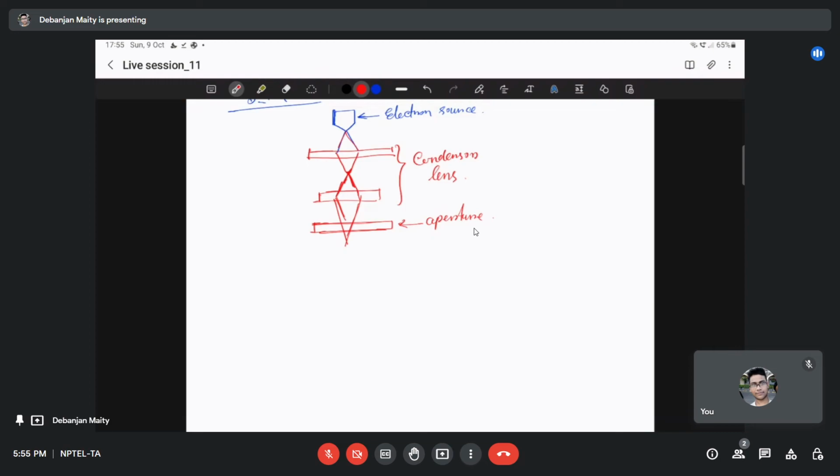And there can be a scanning coil, and finally there will be an objective lens.